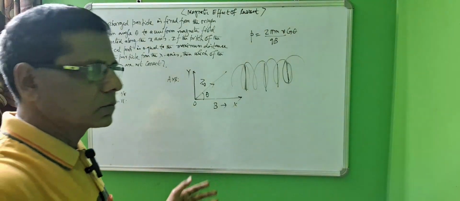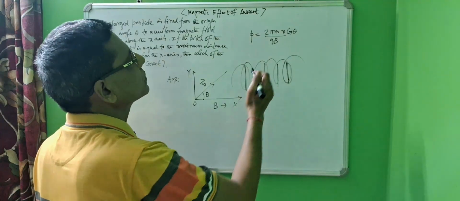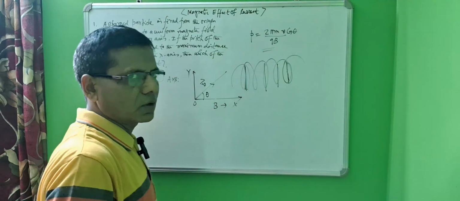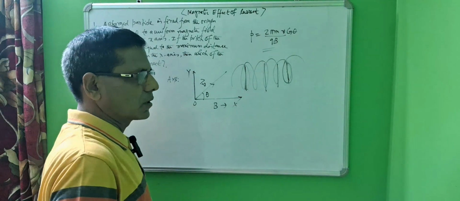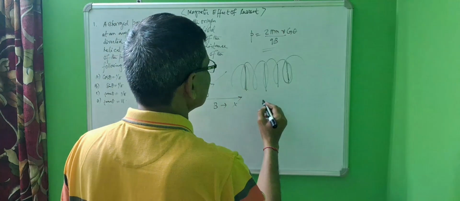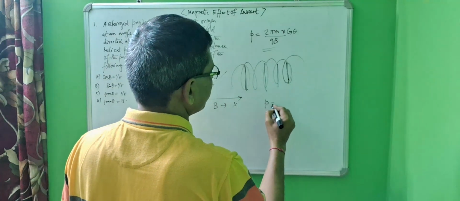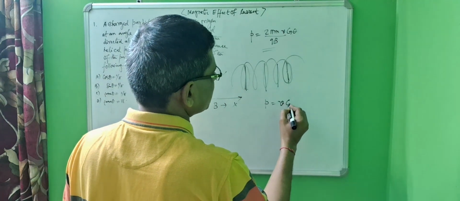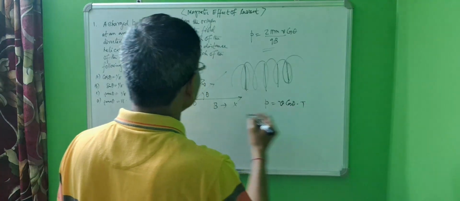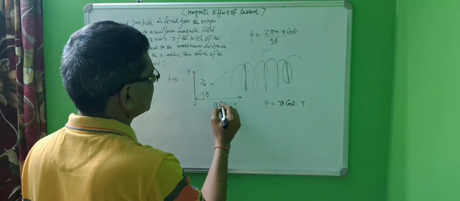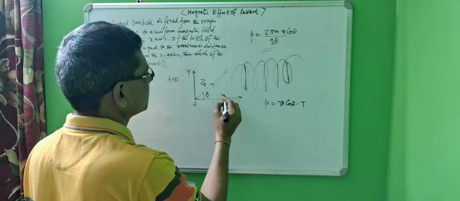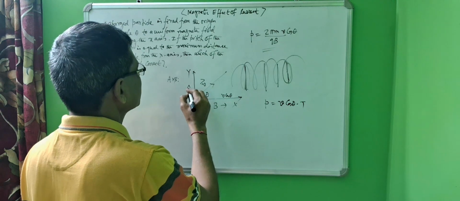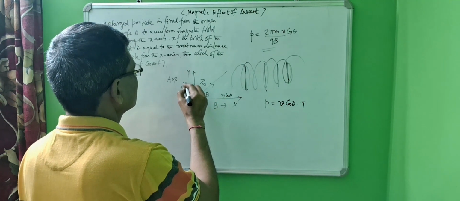Now to solve the problem, we first deduce the relation. How? We know P equals V cos theta into T, because here is V, so the component along x-axis is V cos theta, and along y-axis is V sin theta.